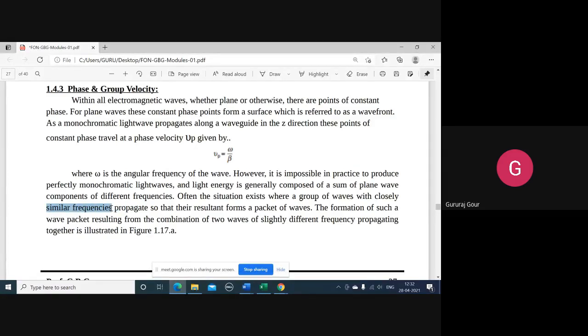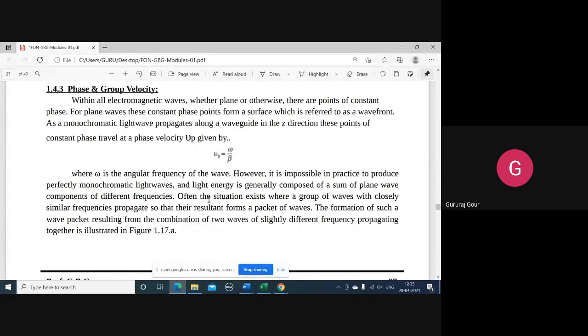You can see here. So practically what we do is take multiple wave components with differing wavelengths, but only slightly, so that on average we can assume the frequency stays the same.